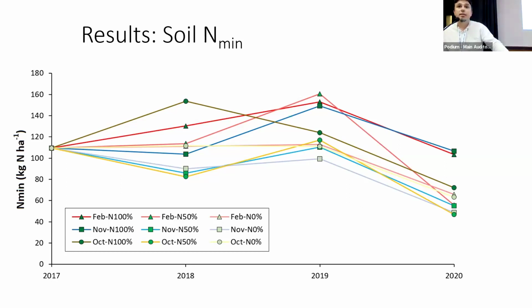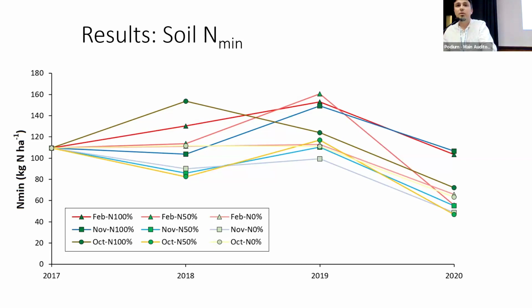So it's saying that our wheat, when we apply the fertilizer even before the starting of the tillering, is able to absorb all the nitrogen.